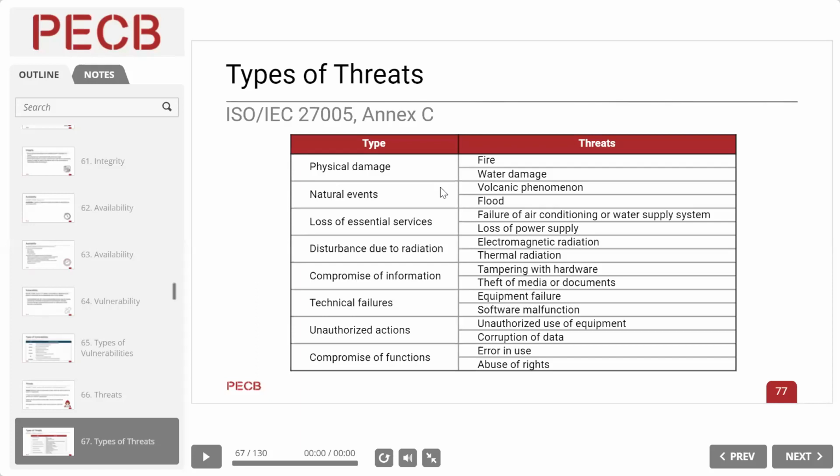So some of the threat types and specific threats: physical damage, fire, water, natural events, volcanic phenomenon, flood, loss of essential services, failure of air conditioning, loss of power supply, disturbance due to radiation, electromagnetic radiation, and thermal radiation, compromise of information, tampering with hardware, theft of media or documents, technical failures, equipment failure, software malfunction.